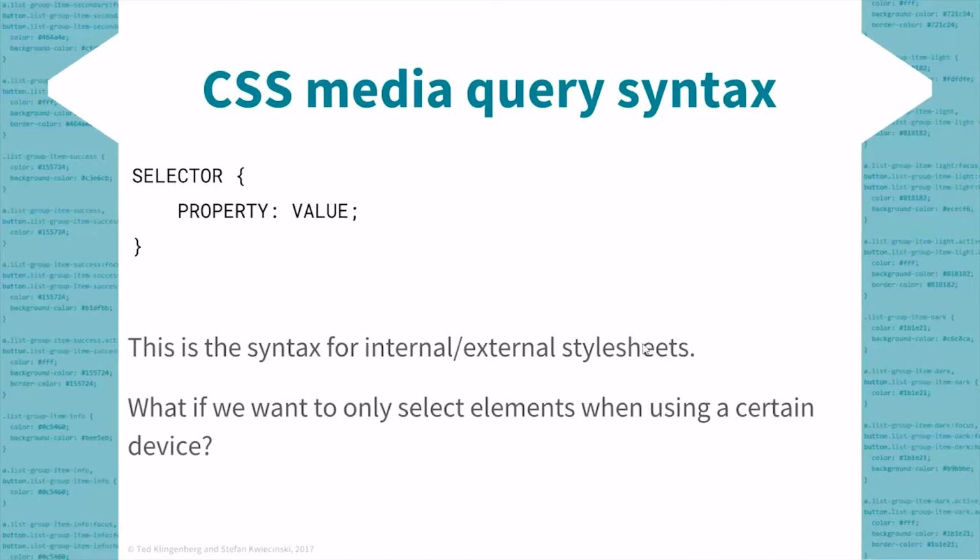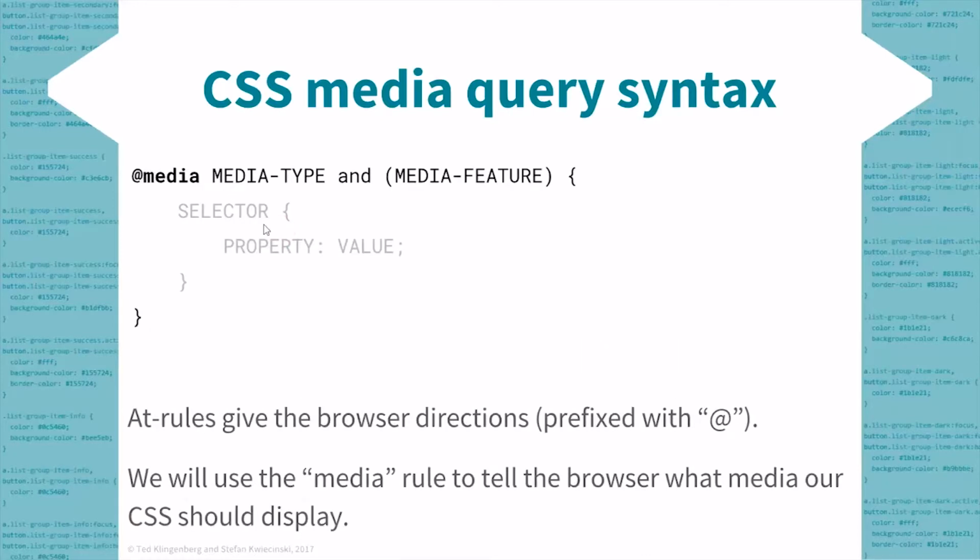So let's go ahead and talk about the syntax of this. How do we use a media query? This is our basic syntax for internal and external style sheets. And this is how we would select everything on the page regardless of screen size. So how do we only select elements if we want to use a certain device? This is where we introduce a new @ rule.